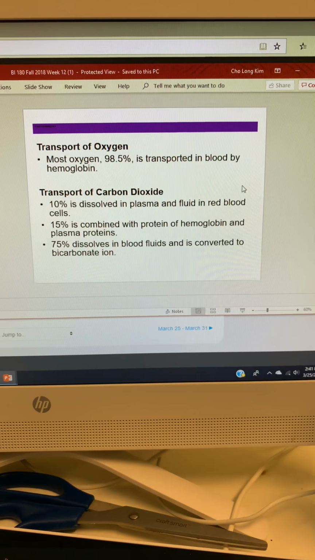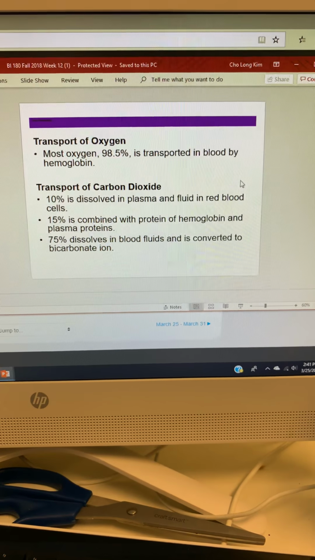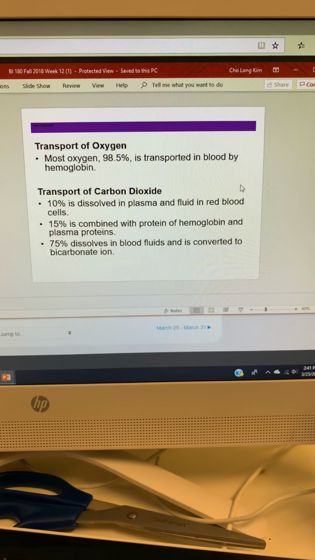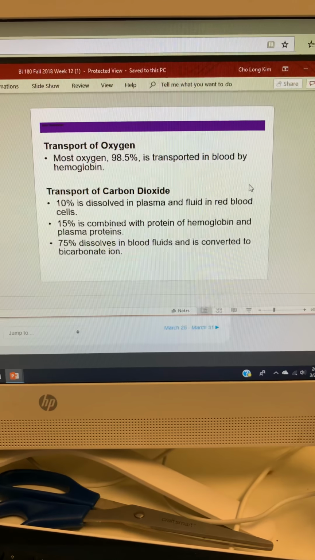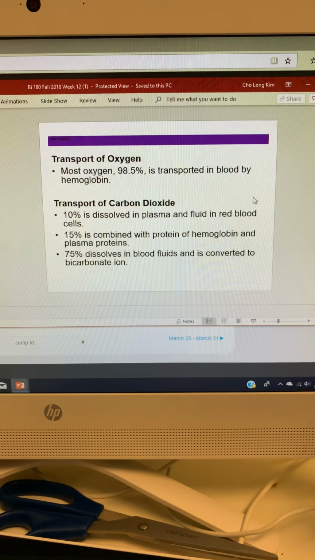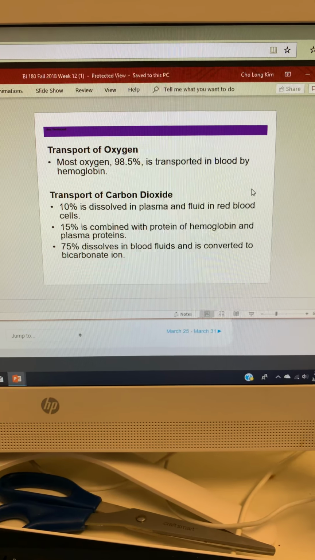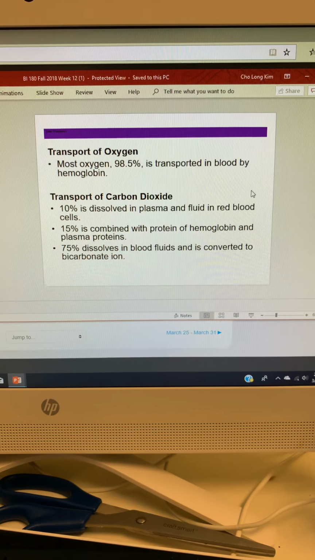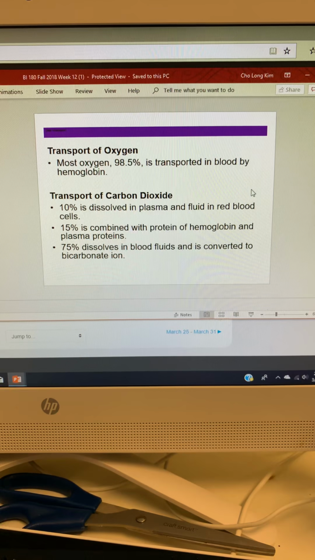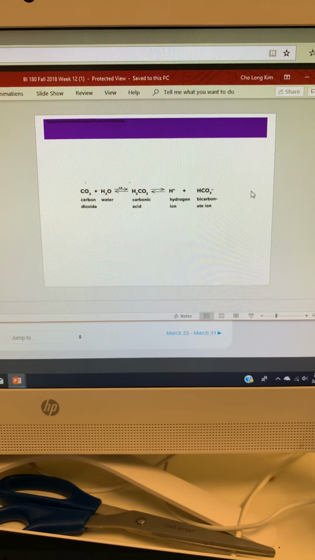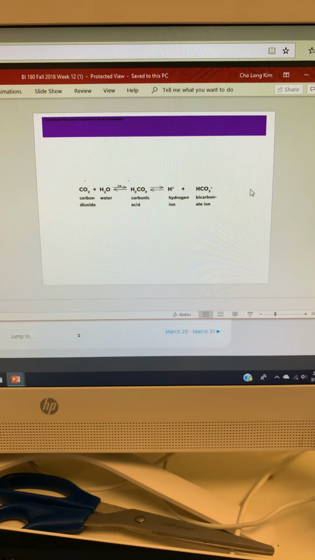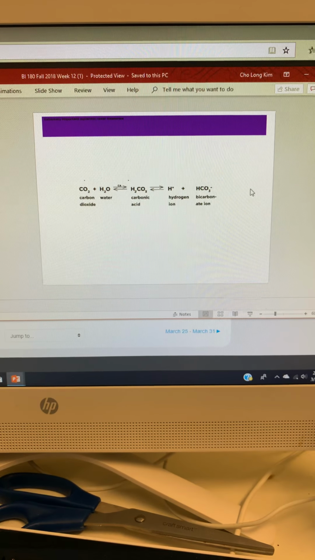Bicarbonate ions are especially important because they help in acid-base balance, and bicarbonate helps keep you more alkaline, which is important because your blood is kept slightly more alkaline. Although it's very intriguing, I will not be testing you on that.